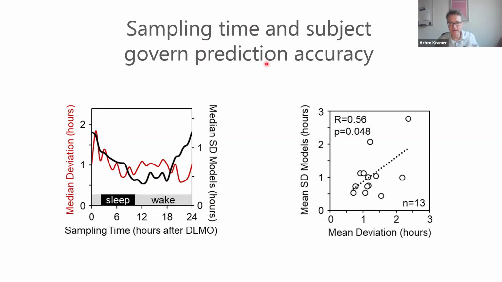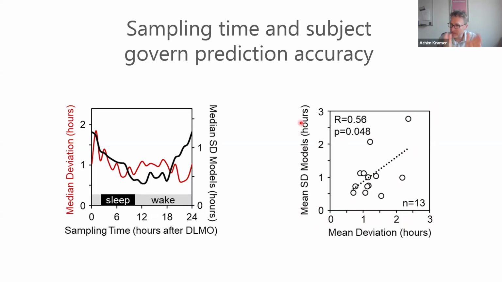And subject. So this is now the mean of the 14 samples. We had 13 people who gave us a whole time series, and if the mean deviation of these time series predictions is high, we also got a high standard deviation of the models.